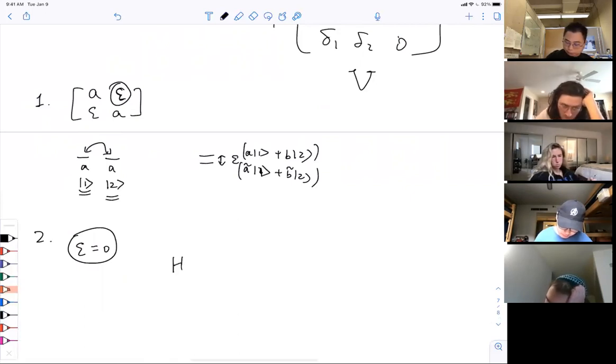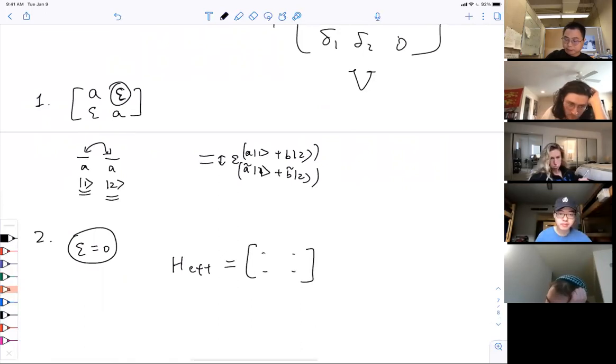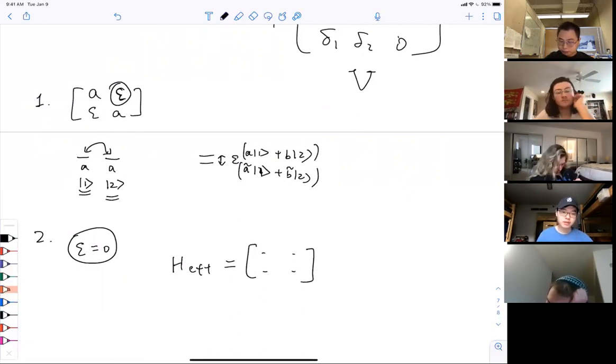Basically, you need to construct some effective Hamiltonian in the subspace and diagonalize that effective Hamiltonian, and you get the correction. You can refresh your memory by looking at the homework problem. The solution is also on CCLE.